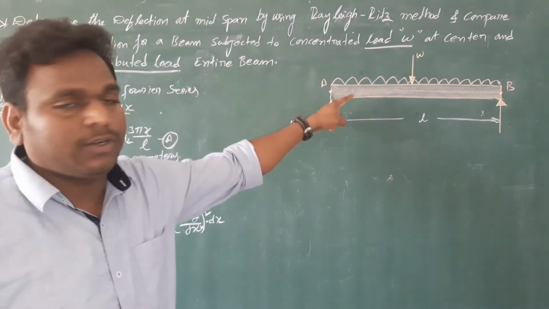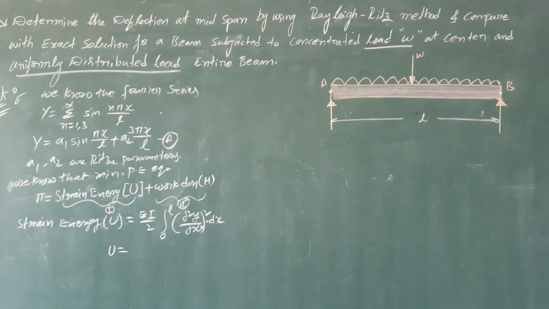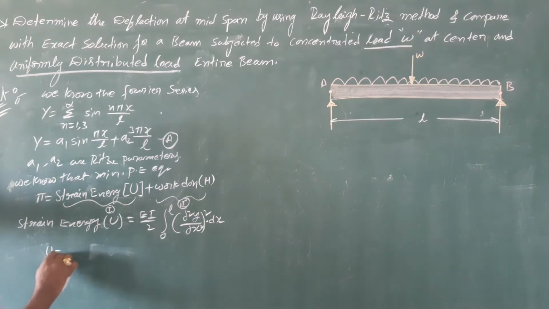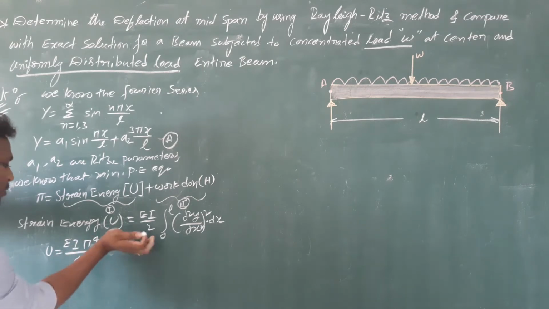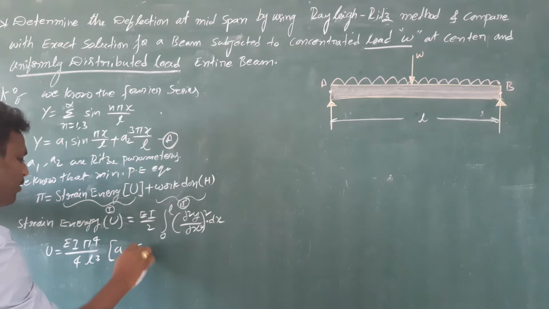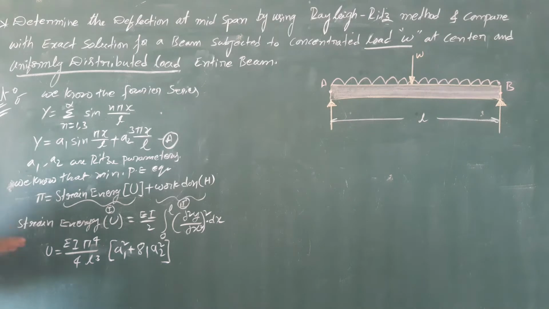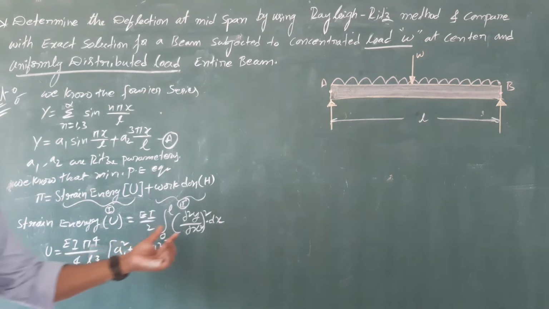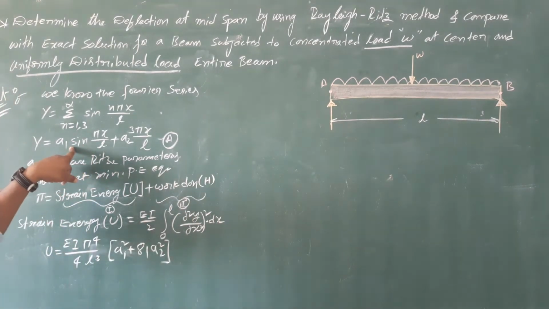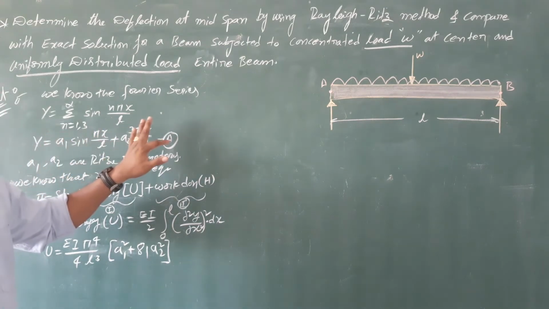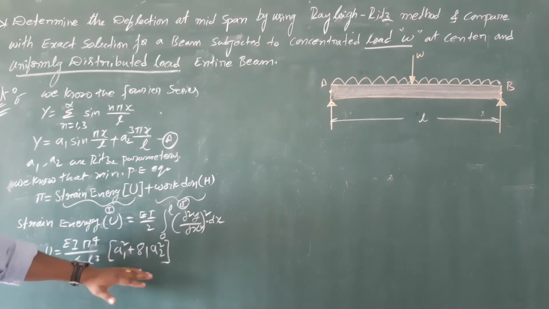After substituting d square y by d x square, U is equal to EI pi power 4 by 4 L cube into (A1 square plus 81 A2 square). Differentiating this equation twice and substituting gives this result.